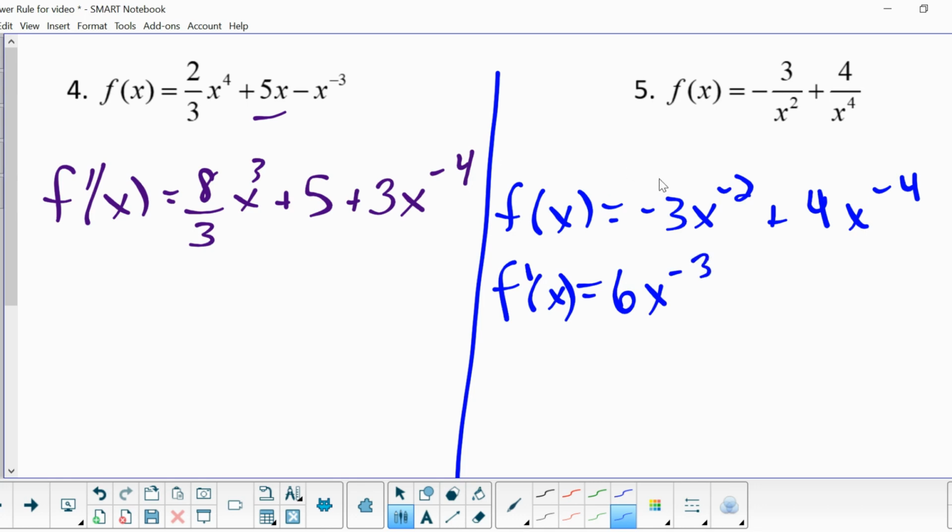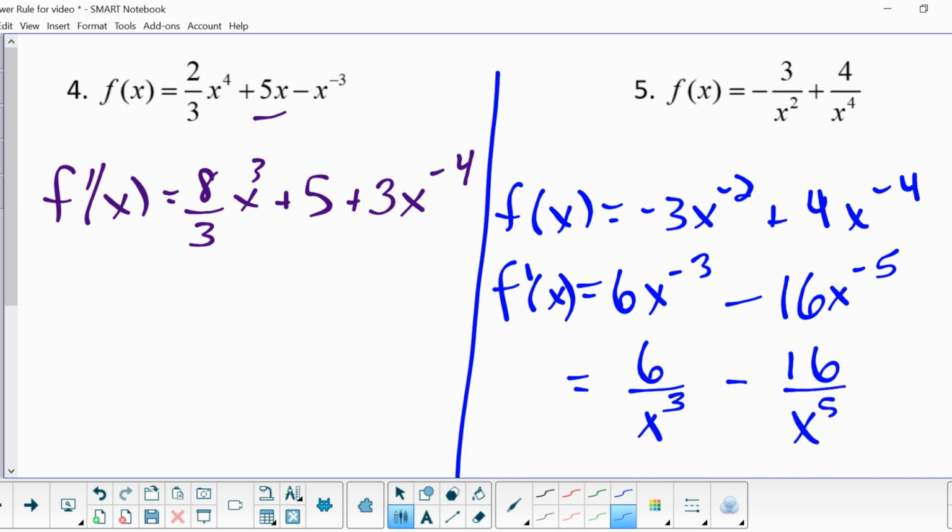Be careful when you're subtracting the negatives that you don't make it a negative 1 here. And then this becomes a minus 16x to the negative 5. Since we started with things written in fraction form, we're going to rewrite it back in fraction form. So 6 over x cubed minus 16 over x to the 5th.